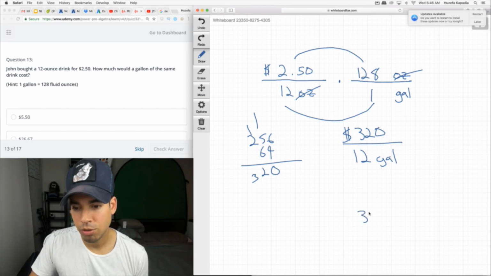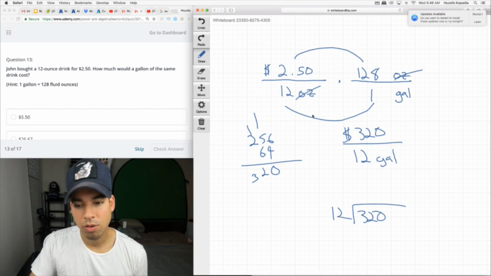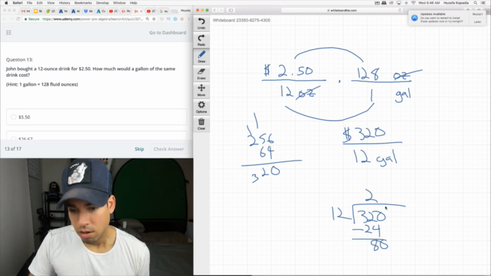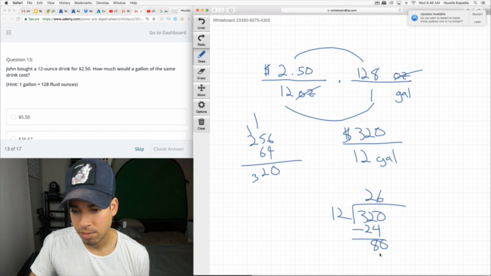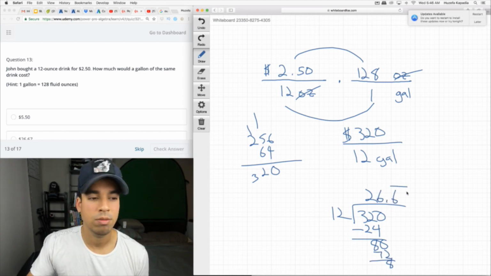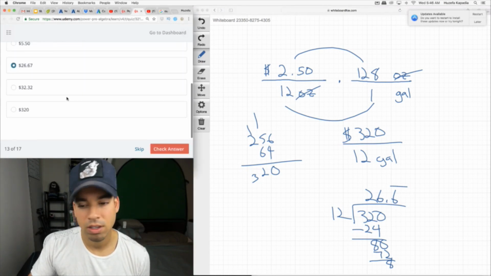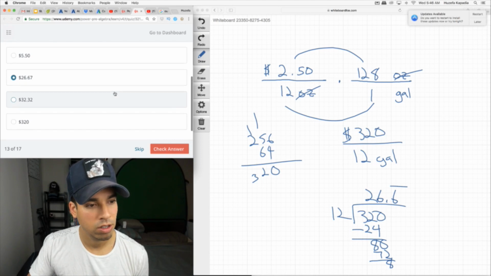So we just do that division problem and we will get it down to the unit rate. 320 divided by 12. 12 goes into 32 twice. Subtract, we get 80. 12 goes into 80 6 times, that's 72. And then it's gonna be repeating. So $26.6 or $26.67 if we round it to the nearest hundredth.